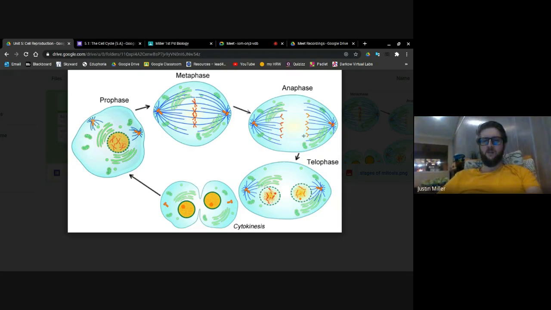And so now we're ready to go to telophase, the T in PMAT. And in telophase, you see this dotted line? That's the nucleus. It reappears. So it disappeared in prophase, and now it's showing up again. But this time it's showing up over half the amount of DNA that we started off with.